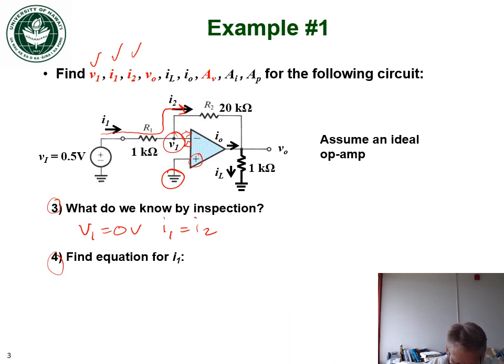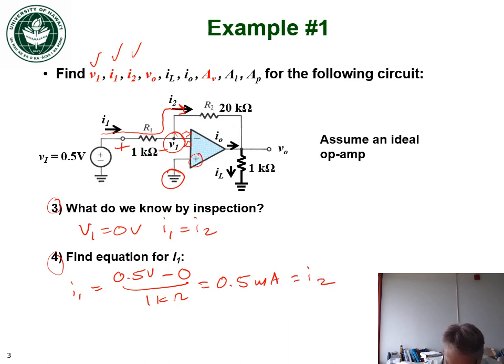So if we were to solve for the equation for I1 now, we know the voltage across R1, and from Ohm's law we can find the current, so we can write that I1 is equal to 0.5 volts minus 0 over 1 k ohm, which would equal 0.5 milliamps. We know that also is equal to I2.